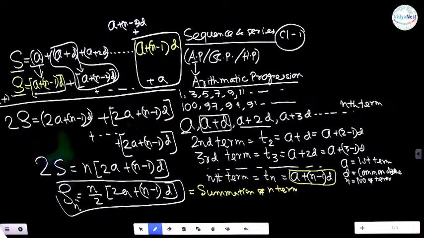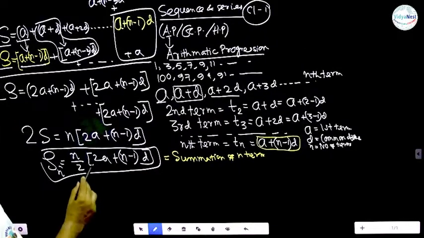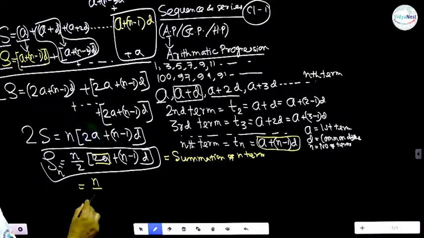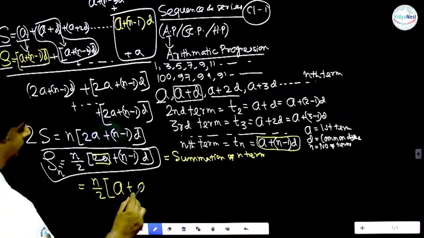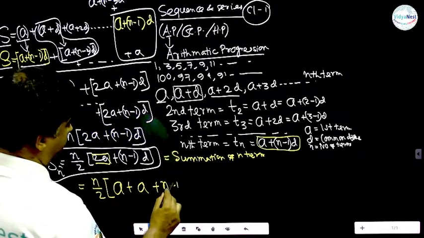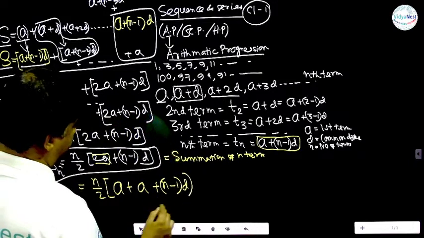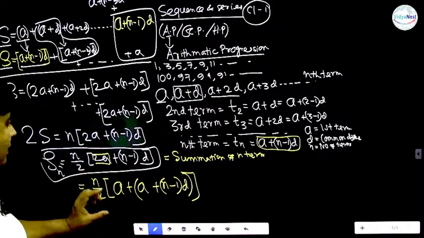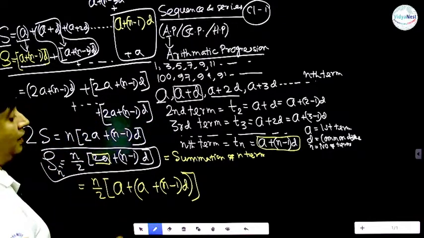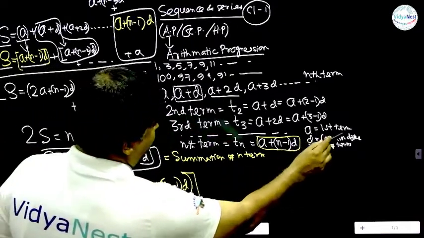Now we can write it in another way. How? See that 2A can be broken into two parts, A plus A. A is what? A was the first term.